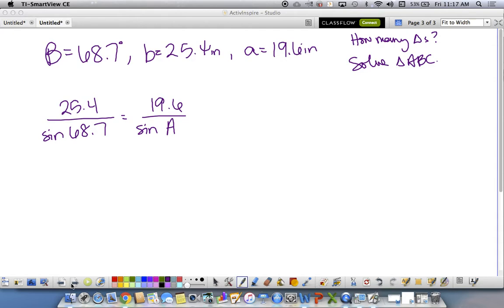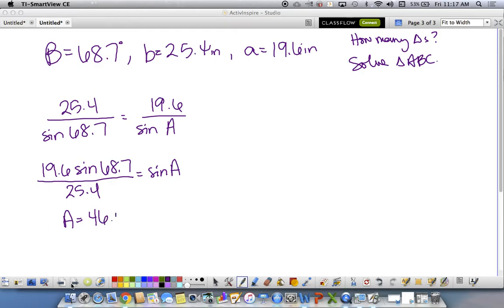So when I cross multiply, I have 19.6 sine 68.7 divided by 25.4 equals my sine A. I solve and get a decimal that's less than 1, and I get an angle A that is 46.0 degrees.